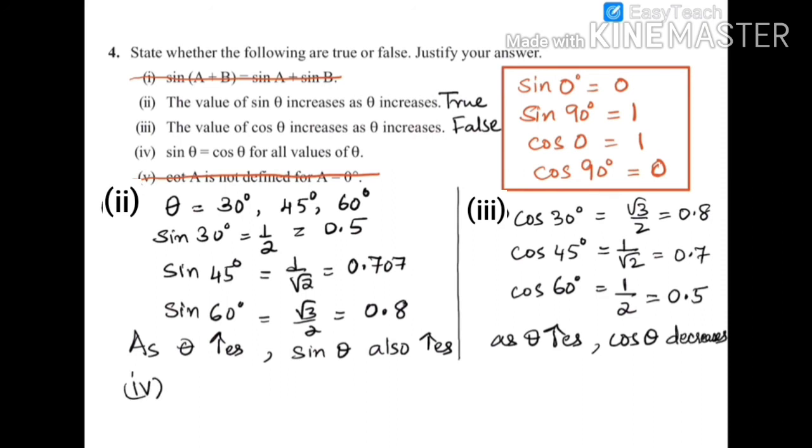Fourth statement, sin theta equal to cos theta for all values of theta. Now notice in these examples, sin 30 degrees is half and cos 30 degrees is root 3 upon 2. So if I take theta as 30 degrees, sin theta will not be equal to cos theta.